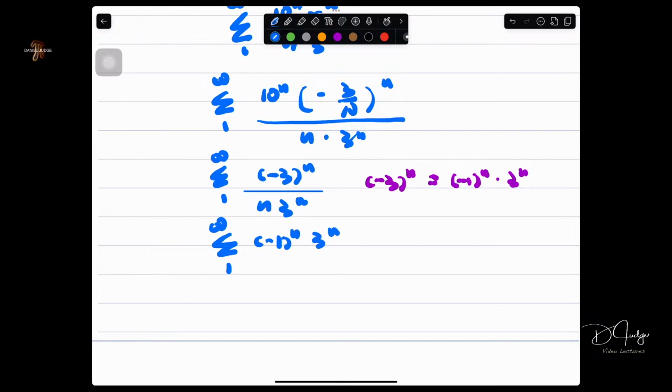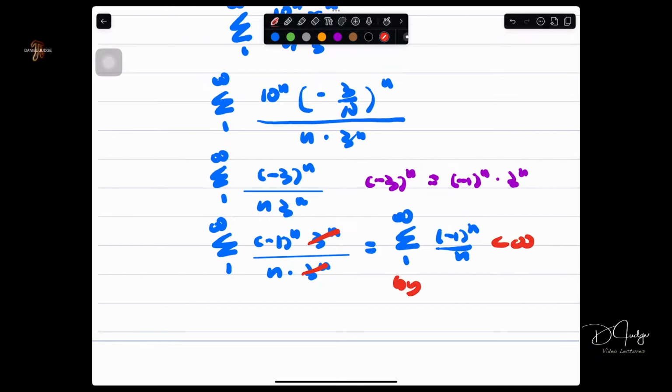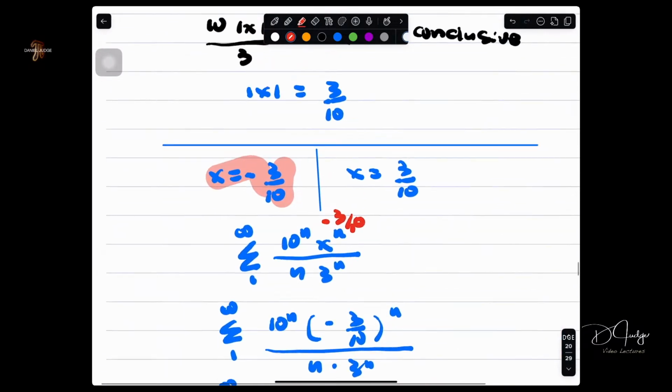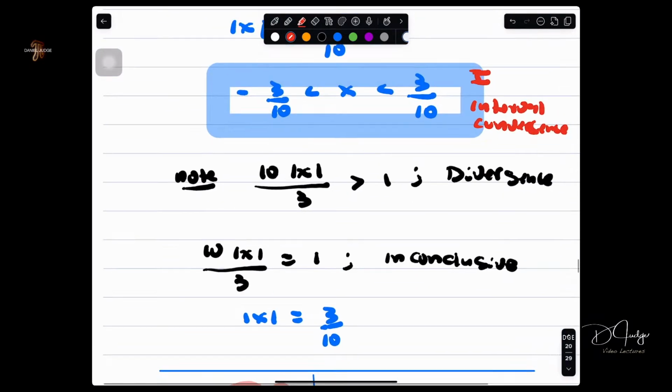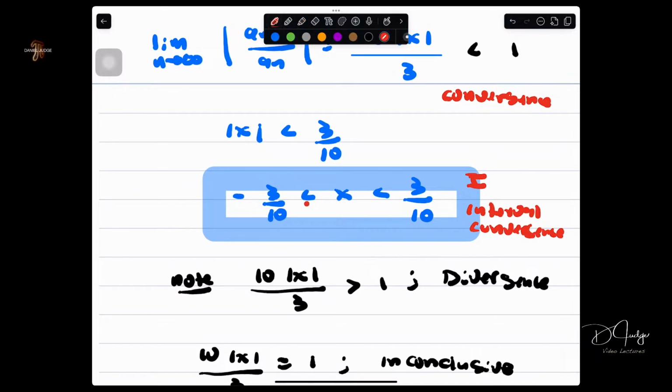So the 3 to the n cancels, and what you're left with is the very famous alternating harmonic series that converges by the alternating series test. So this is a convergent alternating series when x is -3/10, and we can include -3/10 in the interval I of convergence.